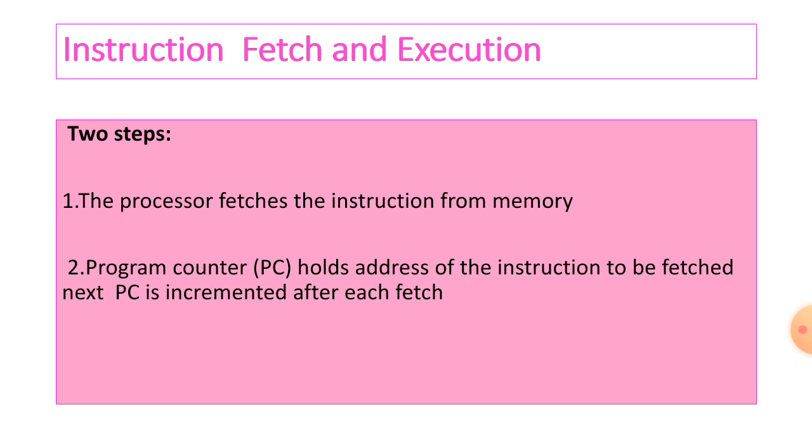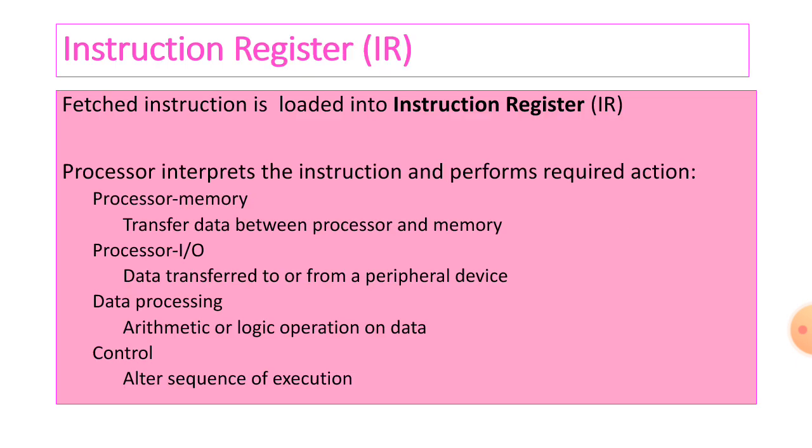Instruction fetch and execution. The processor fetches the instruction from memory. Program counter holds the address of the instruction to be fetched next. PC is incremented after each fetch. Instruction register. Fetched instruction is loaded into instruction register.